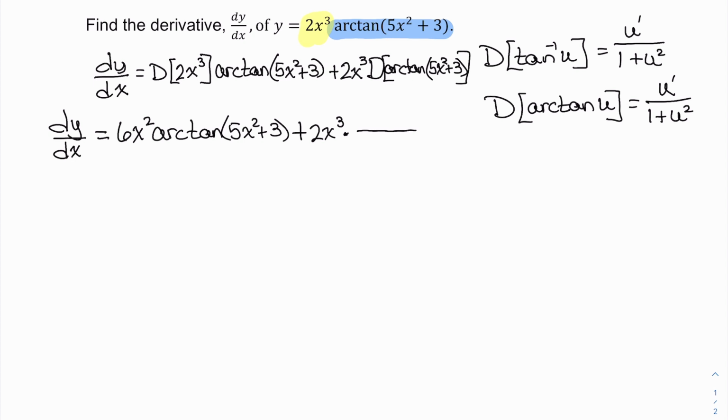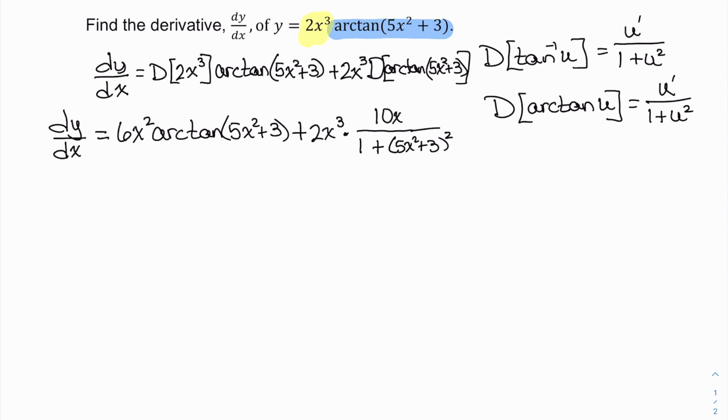The derivative of 5x squared plus 3 is 10x. That's in the numerator. And in the denominator, it's 1 plus that expression that arctan is acting on, that 5x squared plus 3 squared. So just following our derivative rule for that.